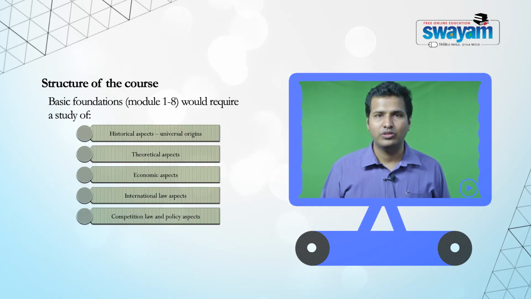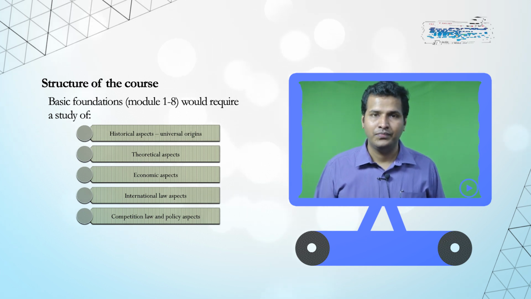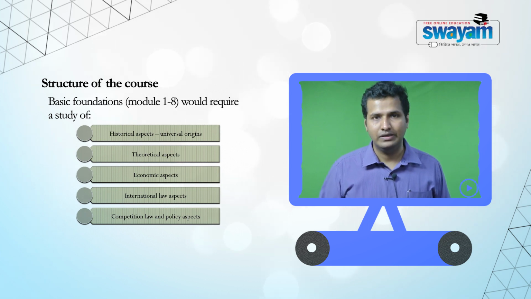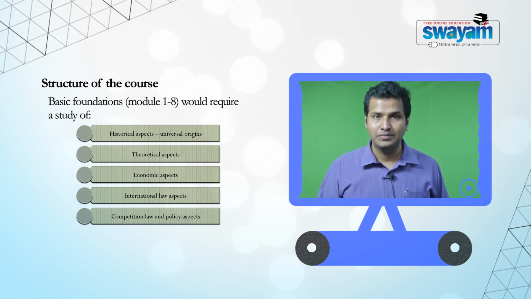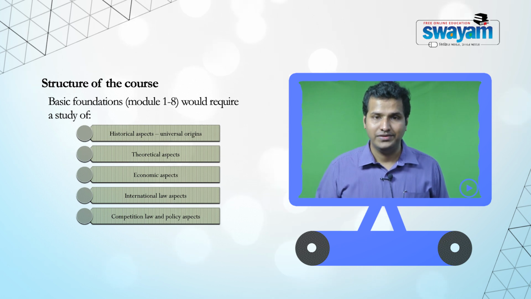We will also study certain aspects of the convergence between competition law and intellectual property rights, or the conflicts involving intellectual property rights and the competition law and policy. This is very important because most jurisdictions are not able to settle whether the relationship has certain tensions and how those tensions should be resolved through legal mechanisms.